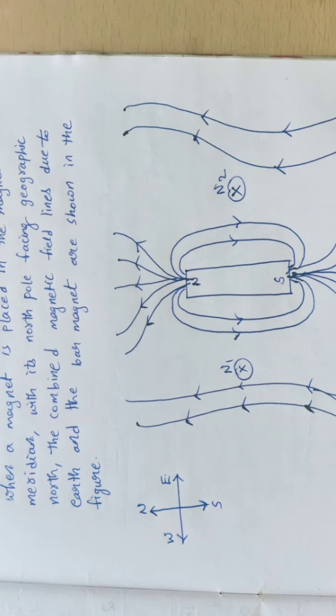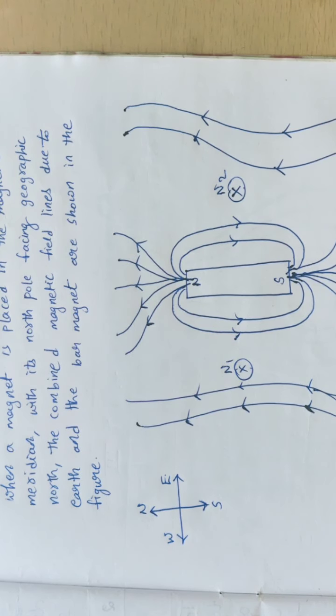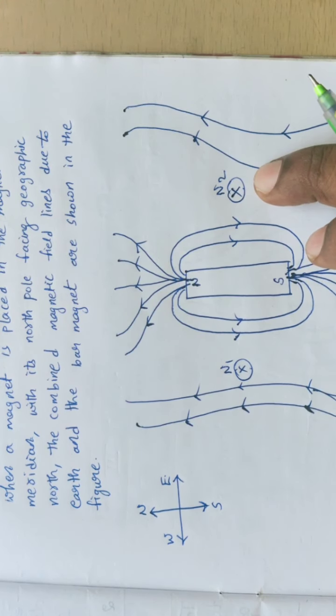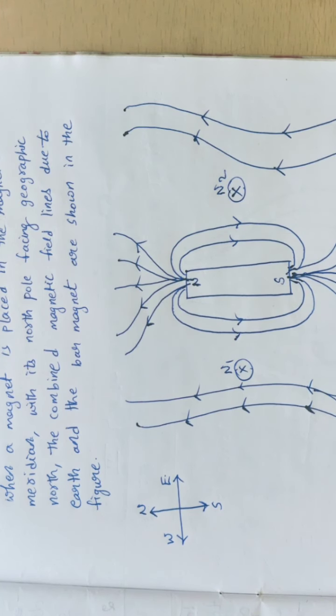How do we observe null points in this situation? This is one null point and this is another null point. We name this null point N1 and this one N2. These two null points are present on which line of this bar magnet? The equatorial line of this bar magnet.